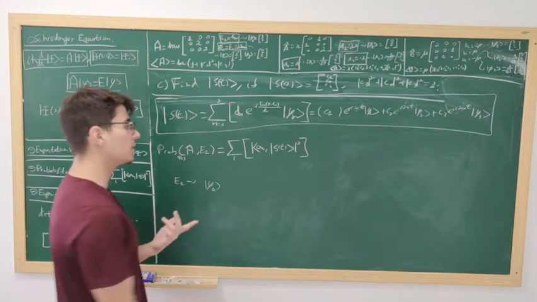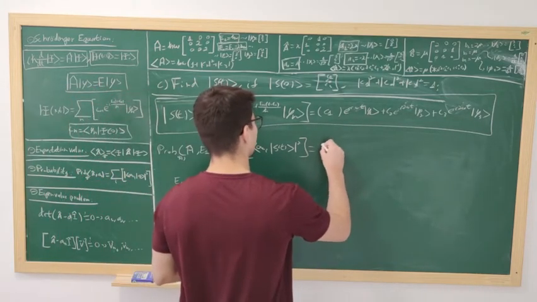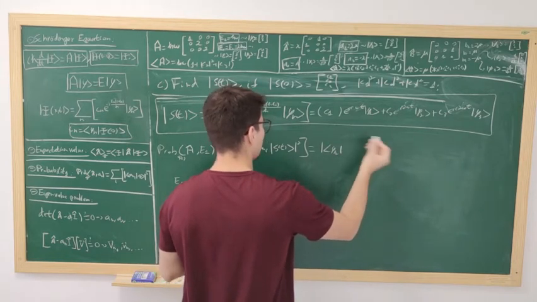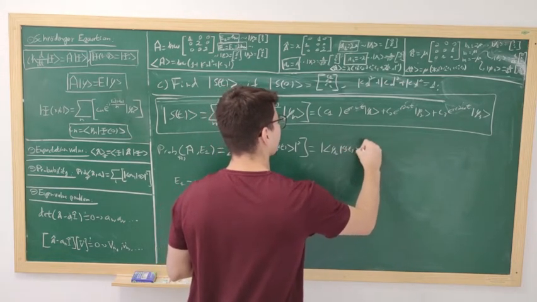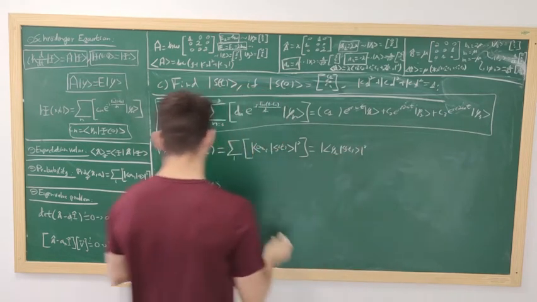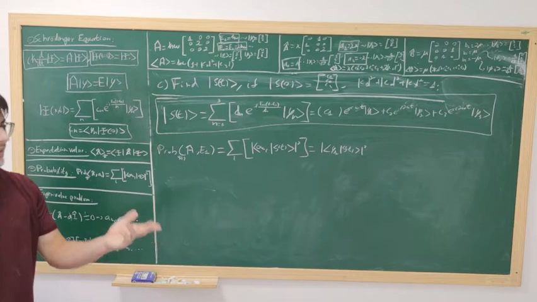In our case, we only have one, so we only have to write the inner product of phi 1 with psi(t), squared. How do we do this?